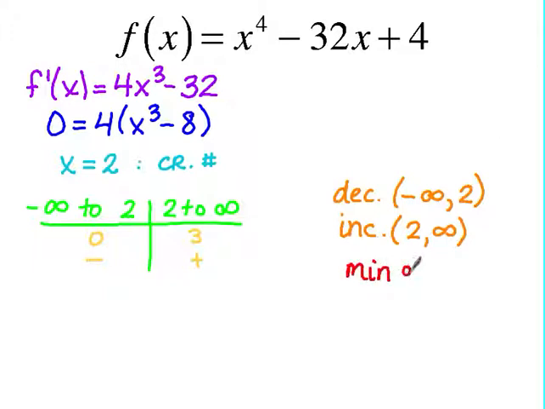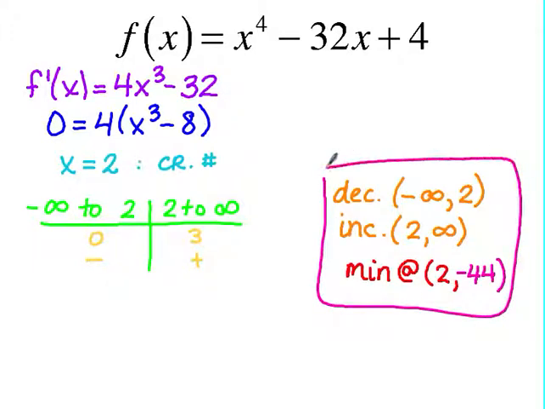Where? 2, comma. And I have to find where that minimum occurs. So I'm going to plug 2 in. Where'd you find it at? Negative 44. Questions? That's all we're going to do today.